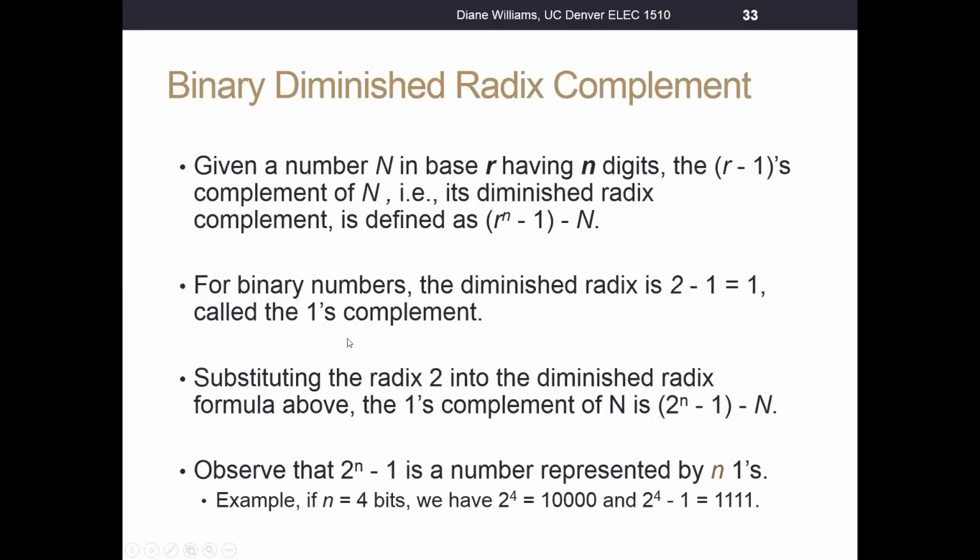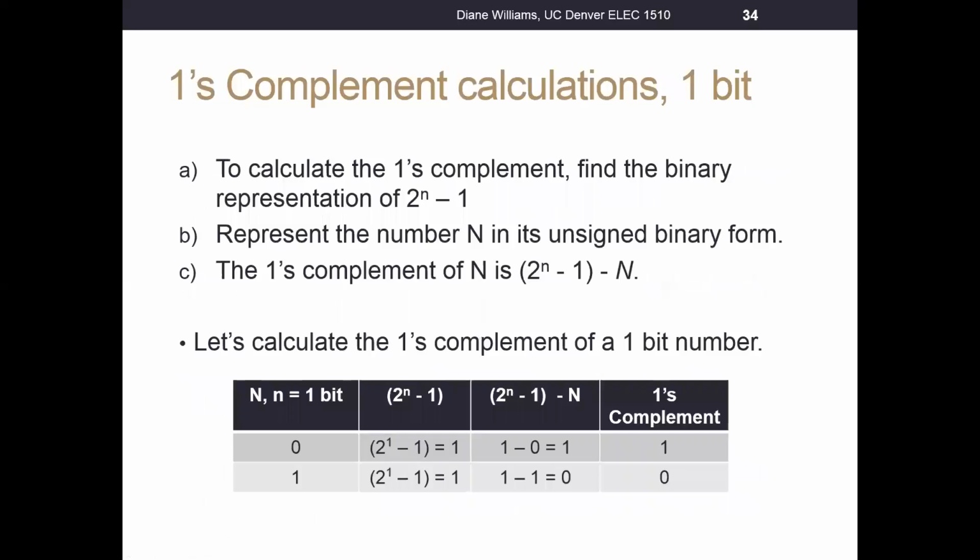It's very simple, the ones complement. When we substitute in the value of 2 for the radix, if we want to take a number n and find its ones complement, we'll have to compute 2 to the n minus 1 minus n. That seems like a lot of math. We're going to observe that there's a really simple way to do this in binary. So let's take a look at that simple way. All right, so let's calculate a ones complement number.